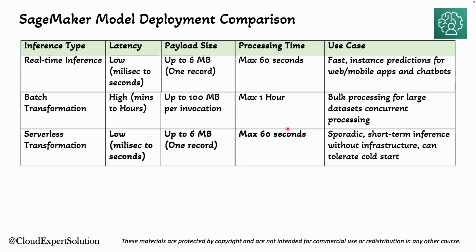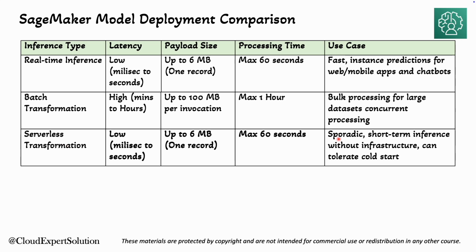On the other hand, if you have a low latency requirement from milliseconds to seconds, and the payload size is up to 6 MB, and the processing time is a maximum of 60 seconds. Up to these three parameters, you can get confused between real-time and serverless, but you have to remember the use case.